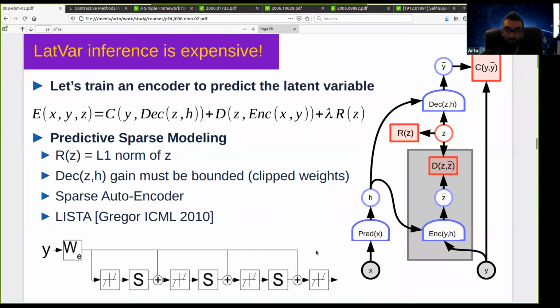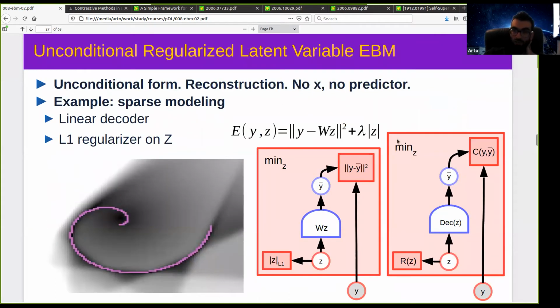Okay, so again, the problem here is that for inference, we need to minimize this energy function over z, and this is not a super easy task.